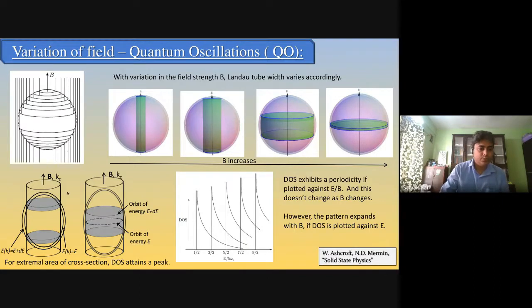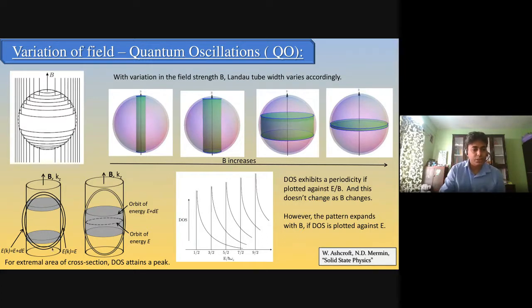Now take a look at these two pictures. Here, this is a Landau tube, and this is showing an energy shell corresponding to energy between E and E plus dE. Now, if you want to find the electrons within this Landau tube that have energy between E and E plus dE, that will be given by the electrons that are in this shaded region. So if you calculate the density of states from there, that will be proportional to the volume of this shaded region.